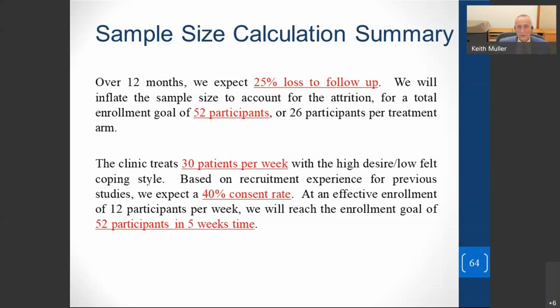And because we know we get 30 patients per week and we expect a 40% consent rate, that will lead us to an enrollment period of 5 weeks.